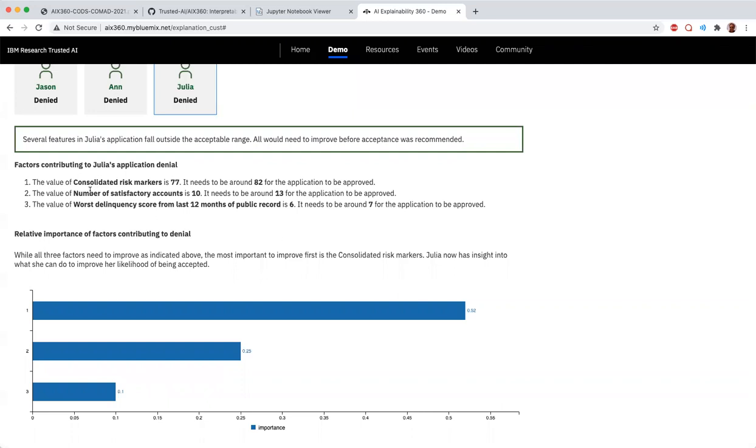For example, for the external risk estimate feature, its current value is 77, but if its value had been 82, then the loan would be accepted. So the customer can use these explanations as hints so that they could reapply in the future by improving their loan application.